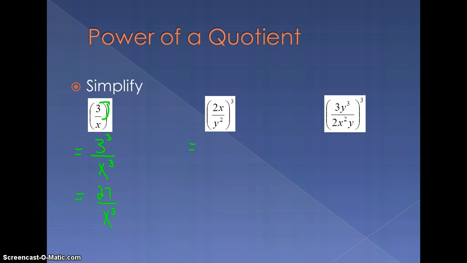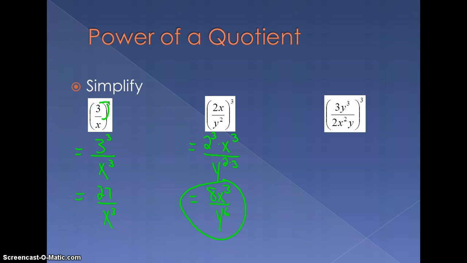So this would be equal to 2 to the third times x to the third, all divided by y to the 2 times 3, because that's a power to a power there. Well, 2 cubed is 8 times x cubed, and then 2 times 3 would give us y to the 6th power. That's the final answer there.